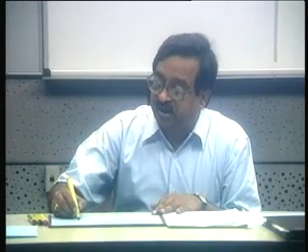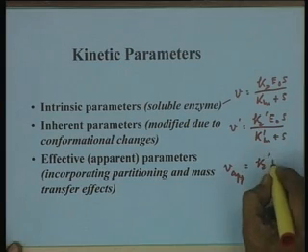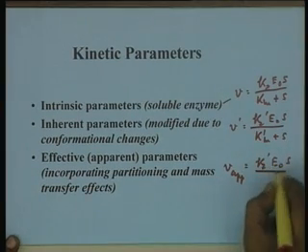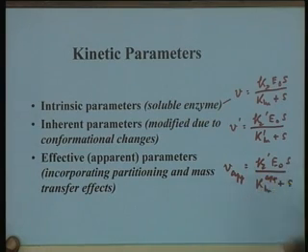In that case, or even if they are comparable, let us say the rates are not very far apart, then we need to consider our apparent reaction velocity as equal to k2' E0 S upon Km apparent plus S.